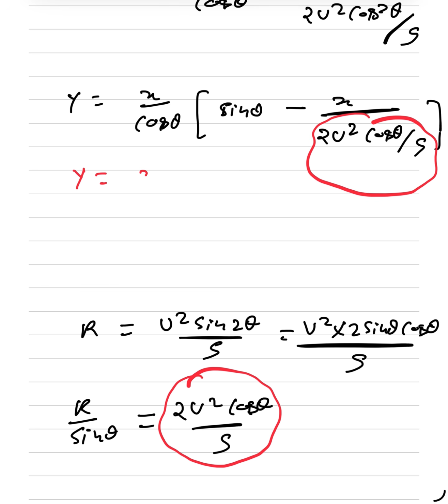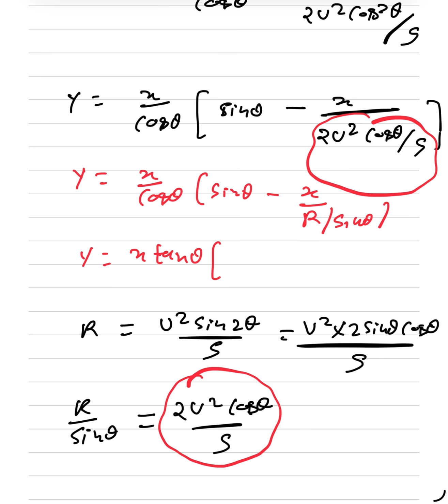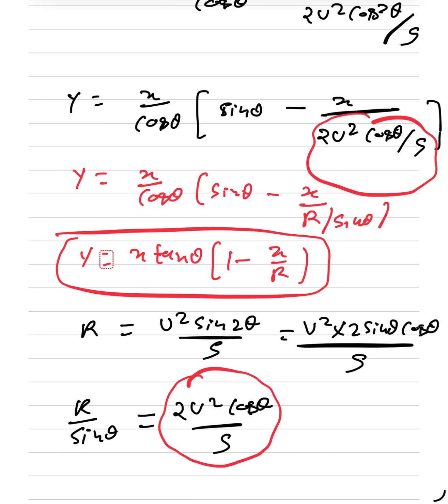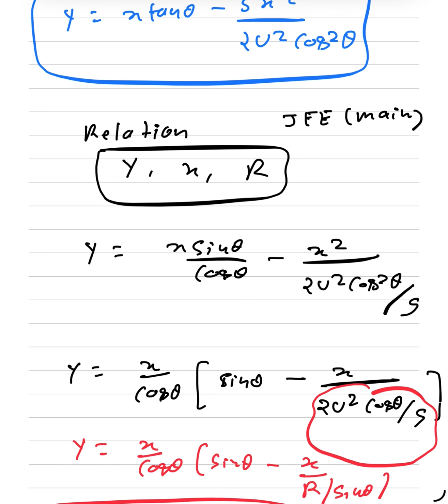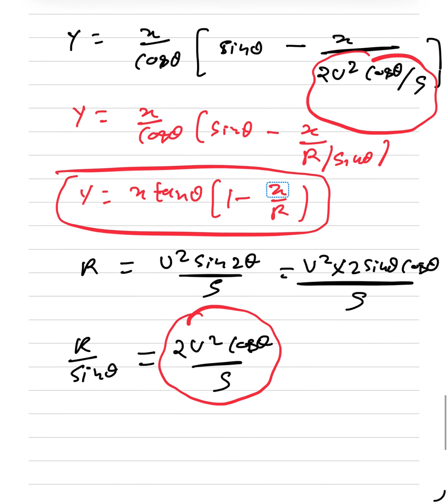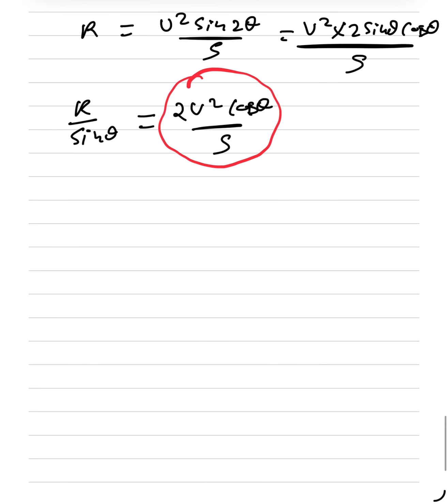Using this identity, y equals x divided by cos theta multiplied by sin theta minus x divided by R divided by sin theta, and after calculation y equals x tan theta times 1 minus x divided by R. This is the common relation between x, y and R coordinates.